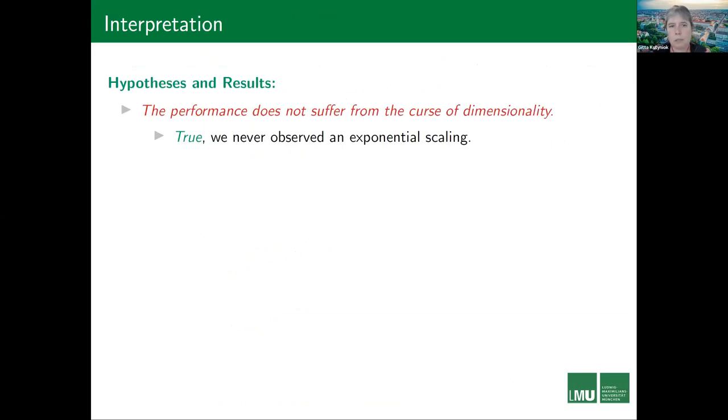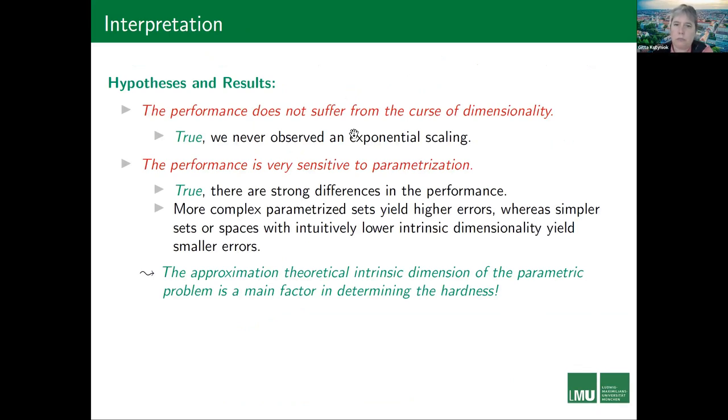So one can say we showed that the first hypothesis is true, at least numerically. The performance does not suffer from the curse of dimensionality. That is true. Is it sensitive to parameterizations? Yes, there are strong differences, but each time you don't have the curse of dimensionality appearing.